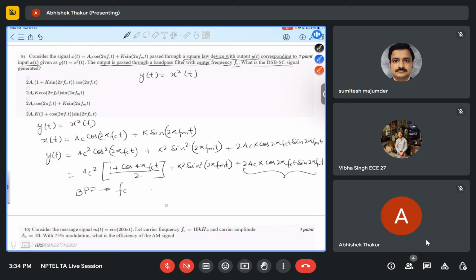So y(t) after the band pass filter, the only component left is 2 Ac k cos of 2 pi fc t sine of 2 pi fm t. So the correct answer is option B.